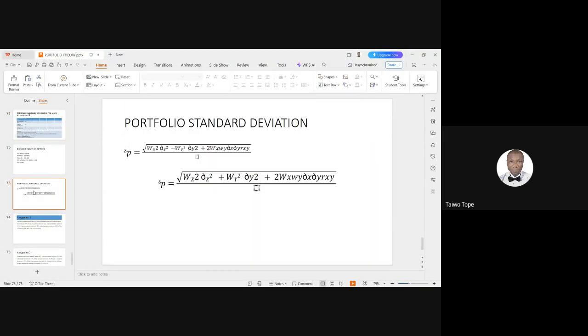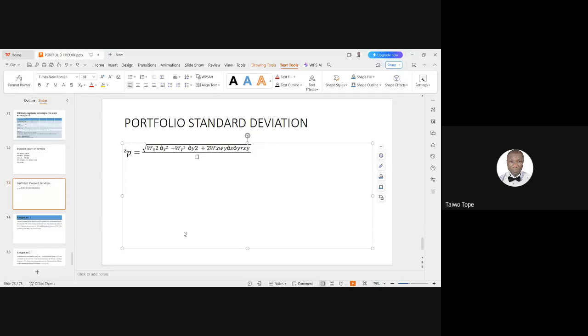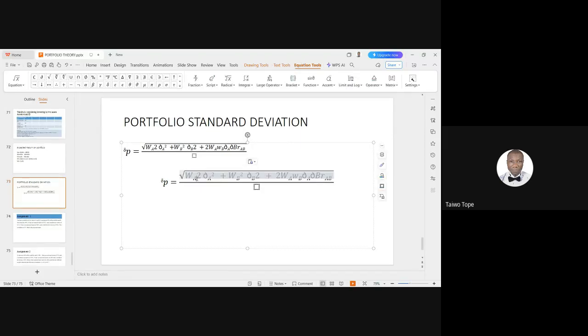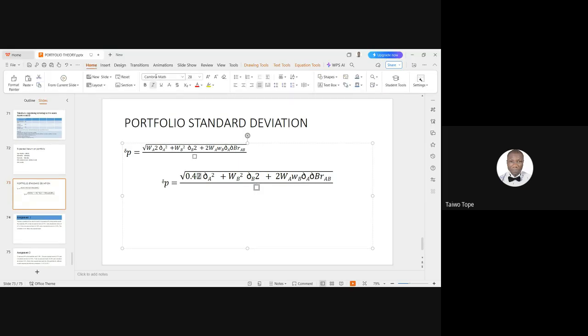So I change it to A and B. Okay, fine. So the weight of security A, according to the question, is what? 40%, right? So 40% is 0.4 squared.